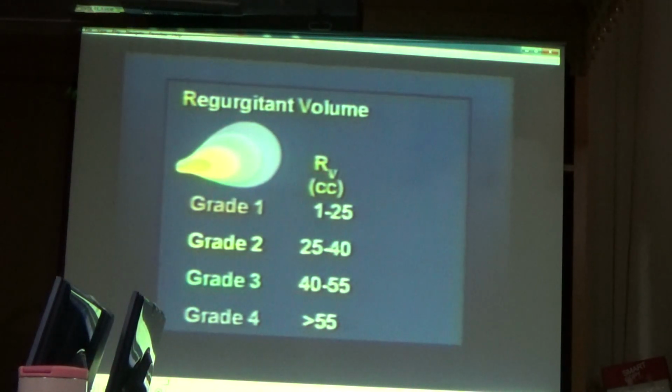So I'm going to tell you the answer before telling you how to do it. We have looked at the qualitative exam and related it to our quantitative assessment. Now this is in your handout, so I'm not going to go through each section, but by the time you get to moderately severe or severe regurgitation, the regurgitant volume is at least 50 to 55 cc's of blood, whether aortic or mitral regurgitation.